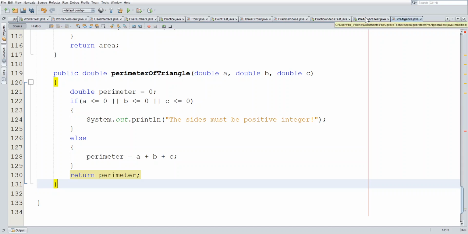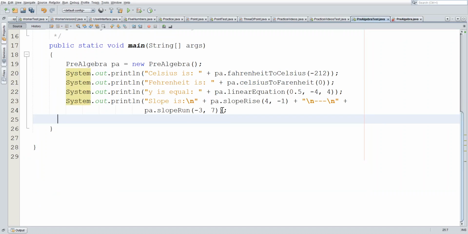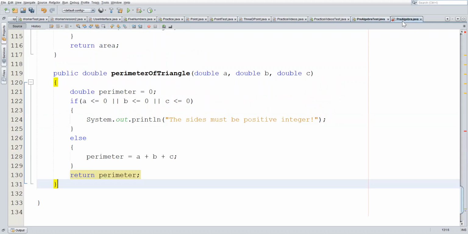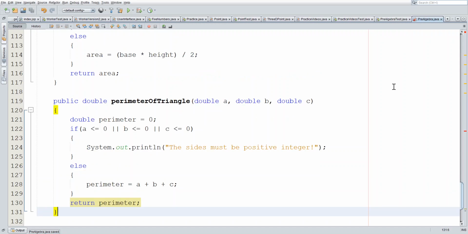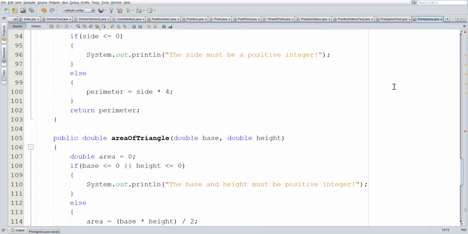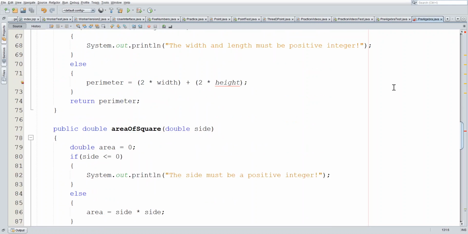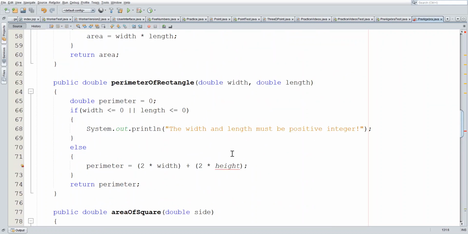Okay, so now we're going to go ahead and go to the pre-algebra test. Ooh, I have an error. Where do I have an error? Let me go ahead and save it. Let's see if it goes away. Ooh, it's mad at me for something. Oh, I did height right here, you guys. So if you've copied me on perimeter of a rectangle, I put height instead of length.